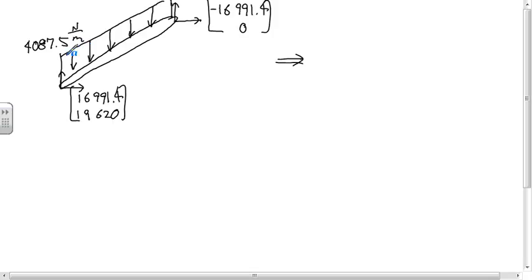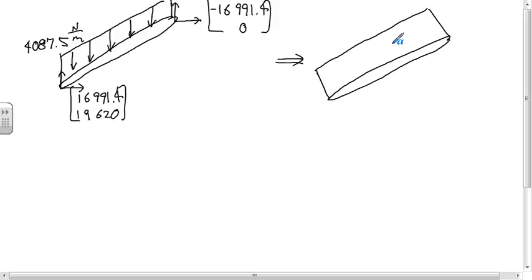And now I'm going to represent this, instead of thinking of it as just a vertical distributed load with this magnitude, the way we've been doing it, I'm going to rewrite this as, and now this is the part that's new, I'm going to treat this as a distributed load vector.